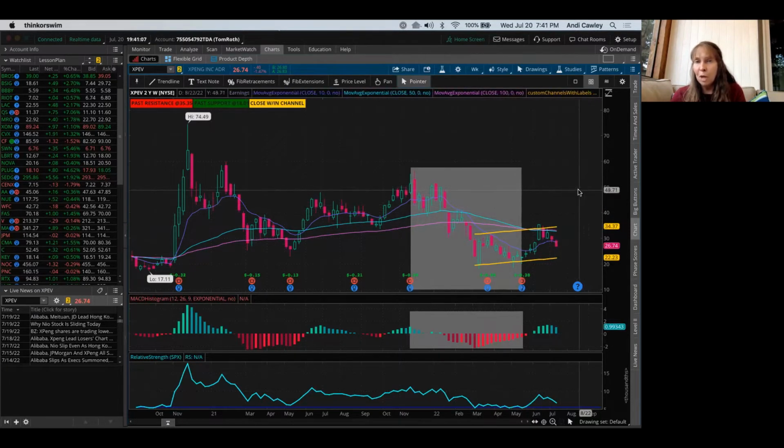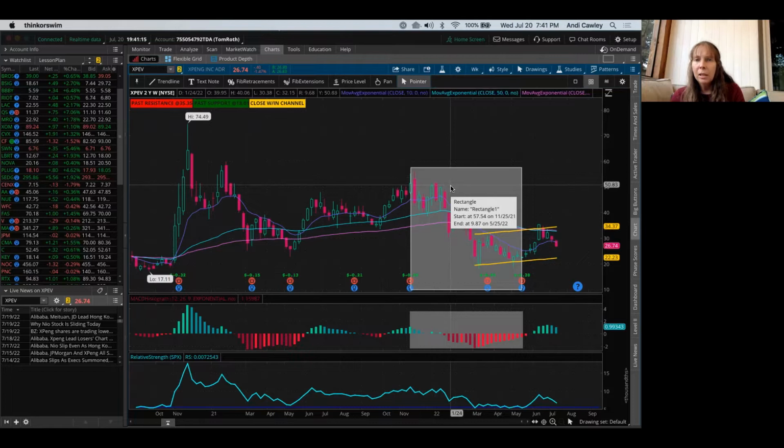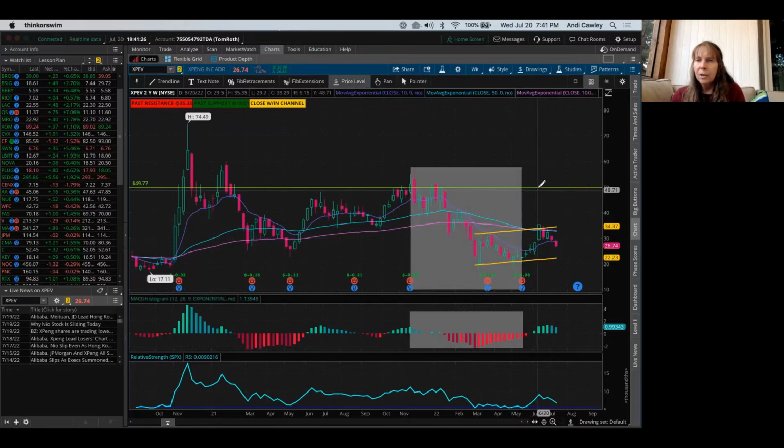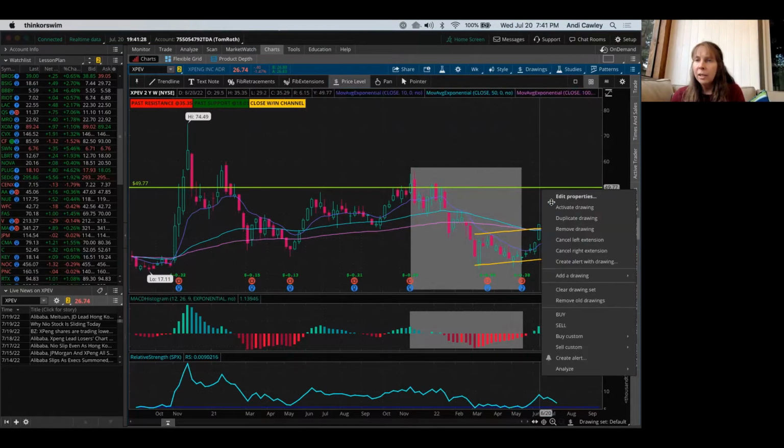And if nothing else, you might be able to get back up to these resistance points, probably along here. Let me get a price level. So that would be resistance, I bet.